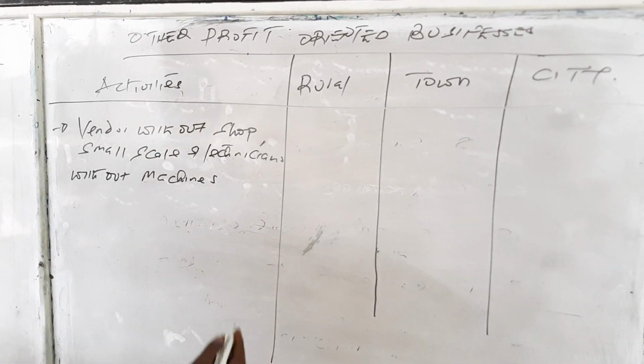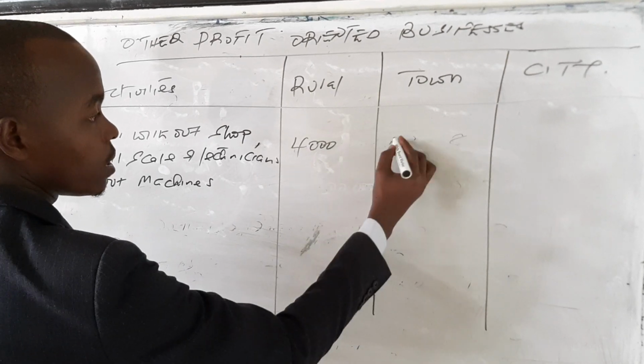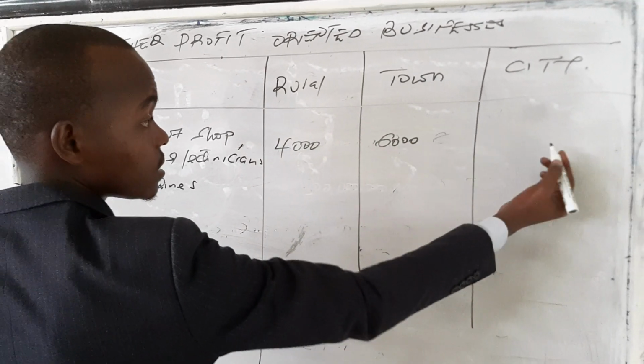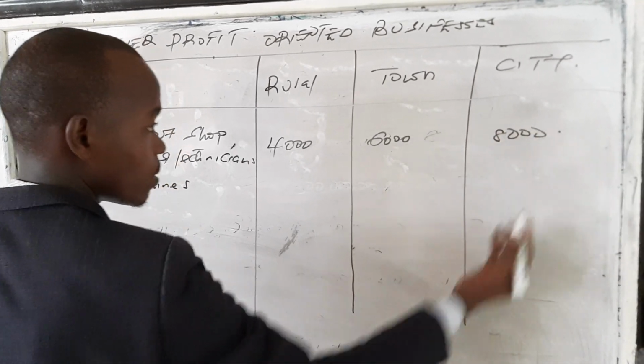These people pay 4,000 in rural areas. In town, they have to pay 6,000. In the city, like Kigali city, they have to pay 8,000.